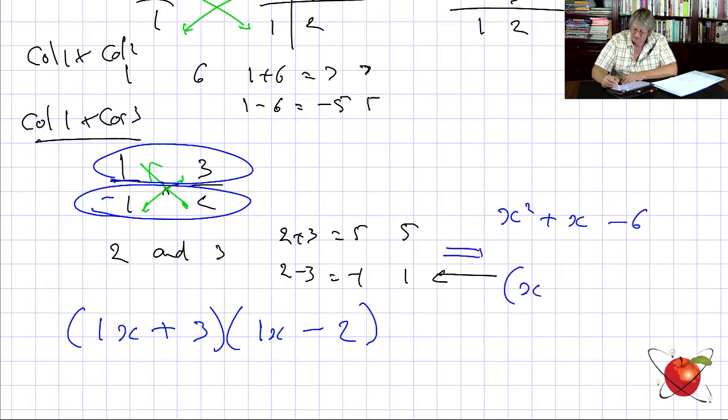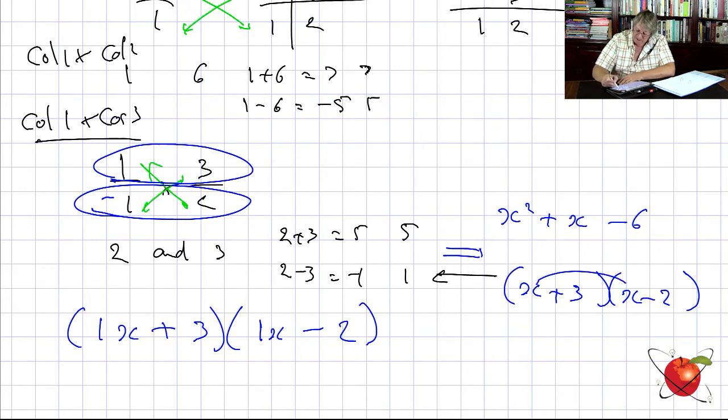We know it's an x, we know it's an x, we know it's a 3 and a 2, and we've chosen plus and minus. We've taken the highest in the first bracket, the highest of the 2, and taken the sign in front of the x. I've taken that as being a minus because I expect a minus there. So now you quickly multiply it out.